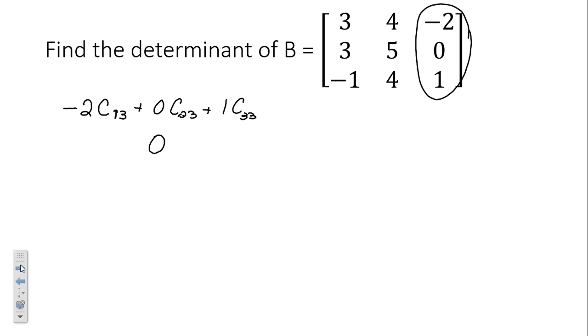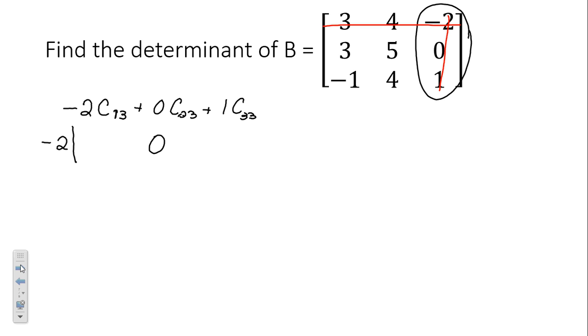Okay? So this is negative 2 times the minor for row 1, column 3. That means I'm eliminating row 1, column 3, and writing down what's left of my matrix.